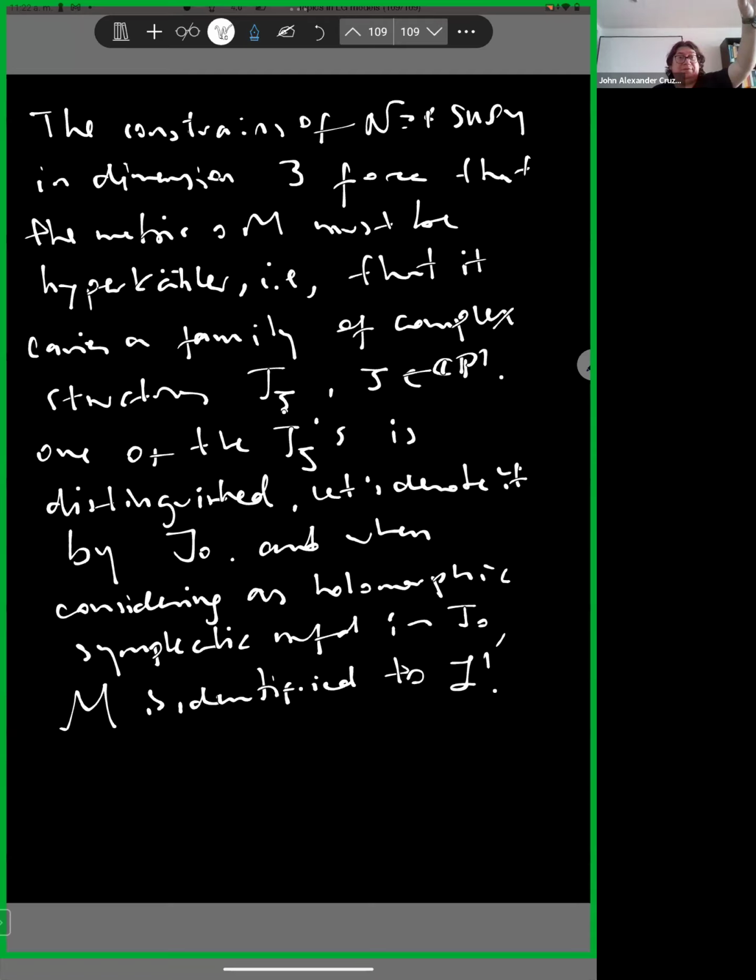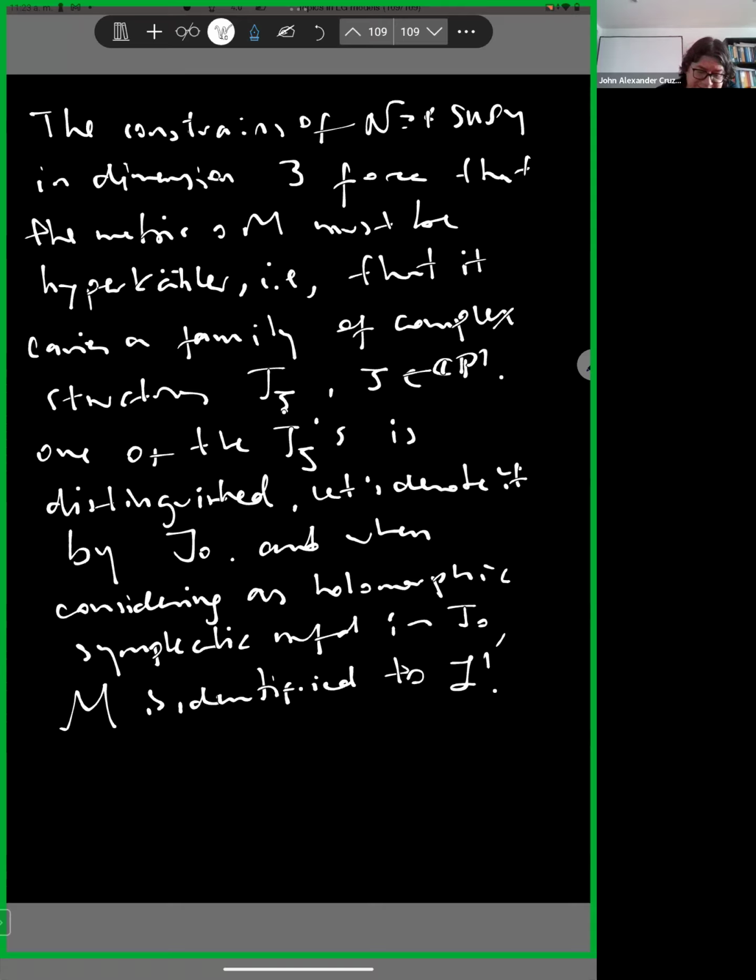This I prime comes from the four-dimensional theory, but then when you consider this compactification, we get a target space M. You have this family of complex structures on M, but there is one complex structure that makes it a holomorphic symplectic manifold. We identify this M with I prime, and then we have a Hitchin system.